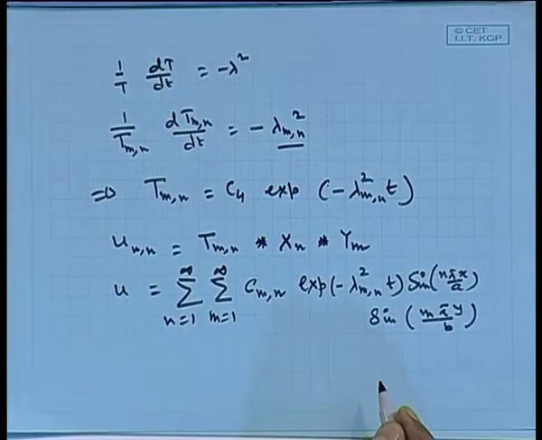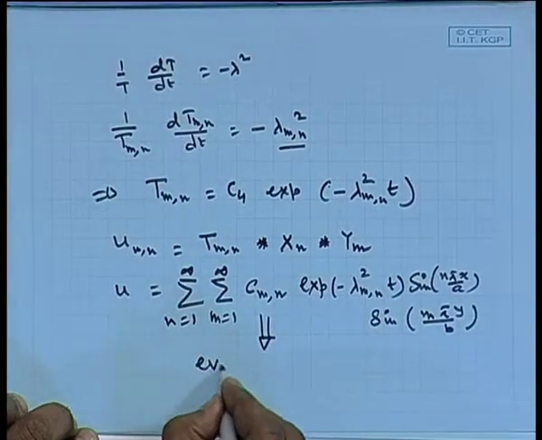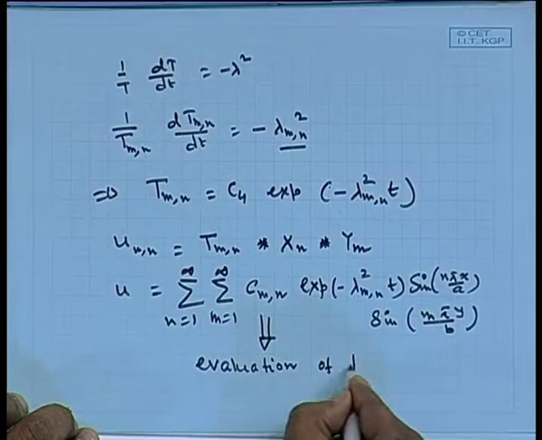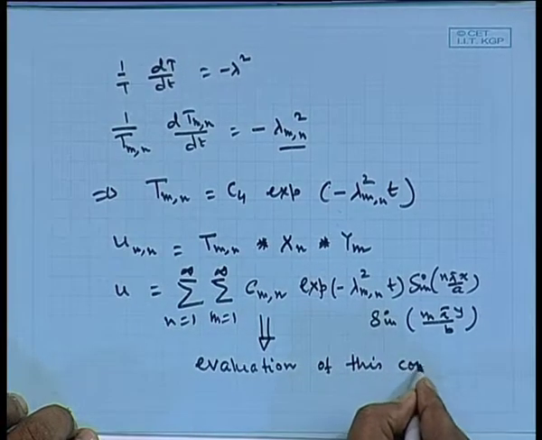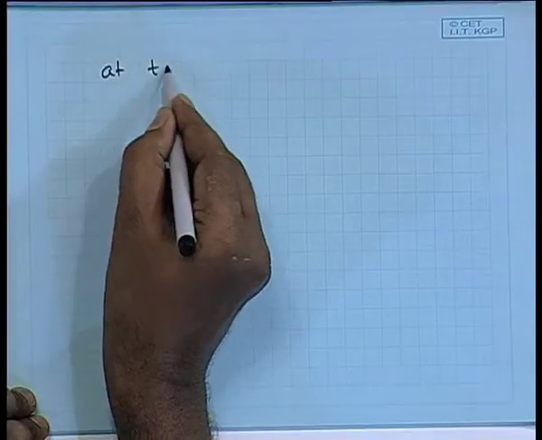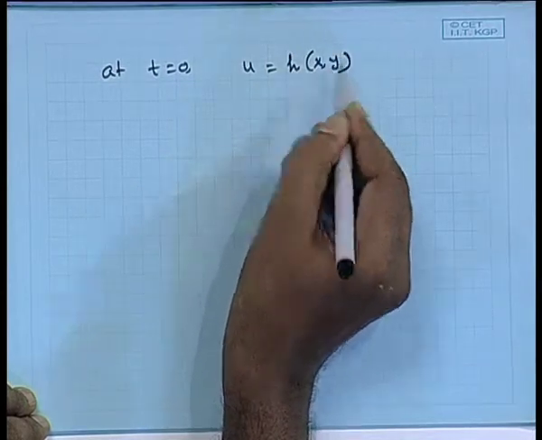Okay. Now, what is left? Left is basically the evaluation of this constant Cmn. We have one non-homogeneous initial condition, we will be using that to evaluate this constant Cmn. What is that? At t equal to 0, you have u as, in general, some function of x and y.